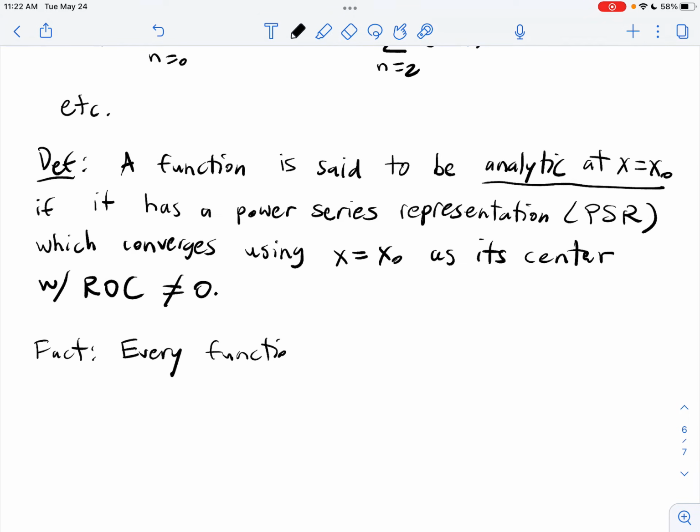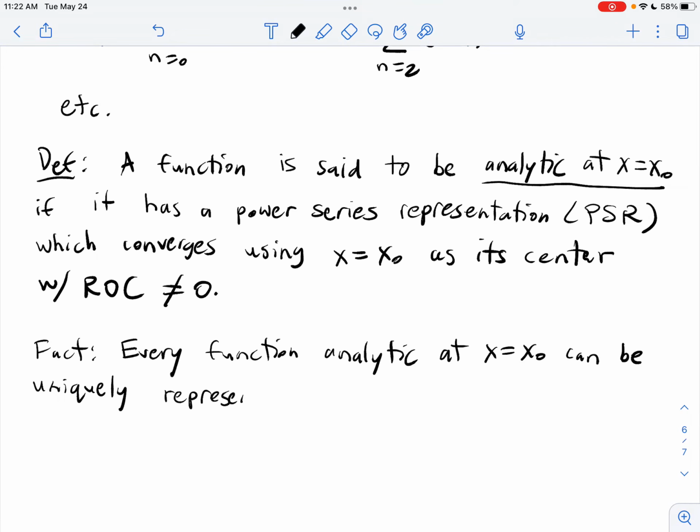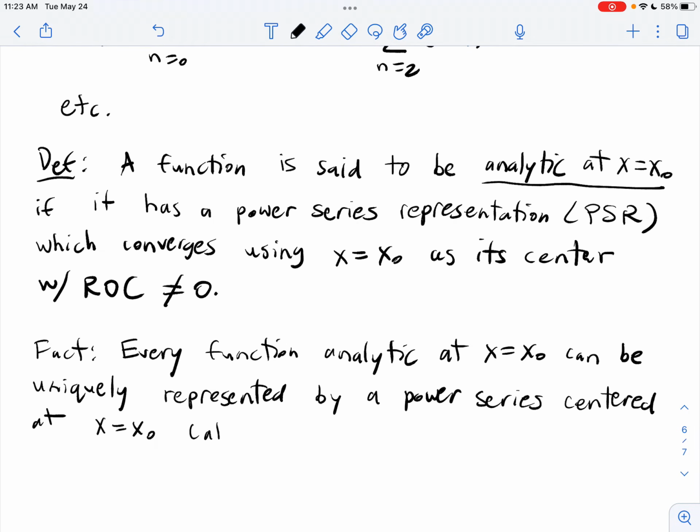So, something we do learn in calculus. Every function analytic at x equals x naught can be uniquely represented by a power series centered at x equals x naught, and we call it a Taylor series.